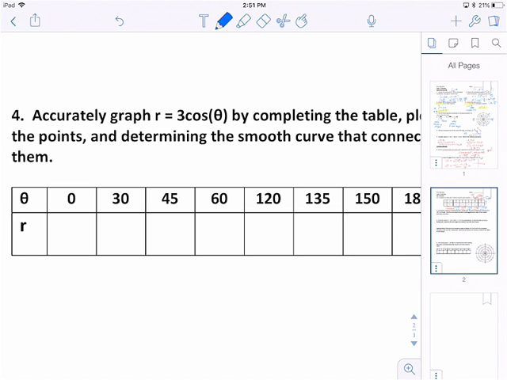When you do 3 cosine of theta, 3 cosine of 0 is 3 times 1 is 3. These are a little easier. Cosine of 30 is square root of 3 over 2, so this is 3 square roots of 3 over 2 because you're tripling the cosine of 30. Then it's 3 square roots of 2 over 2 because you're doing the cosine of 45. 3 times a half, or 3 halves. -3 halves.